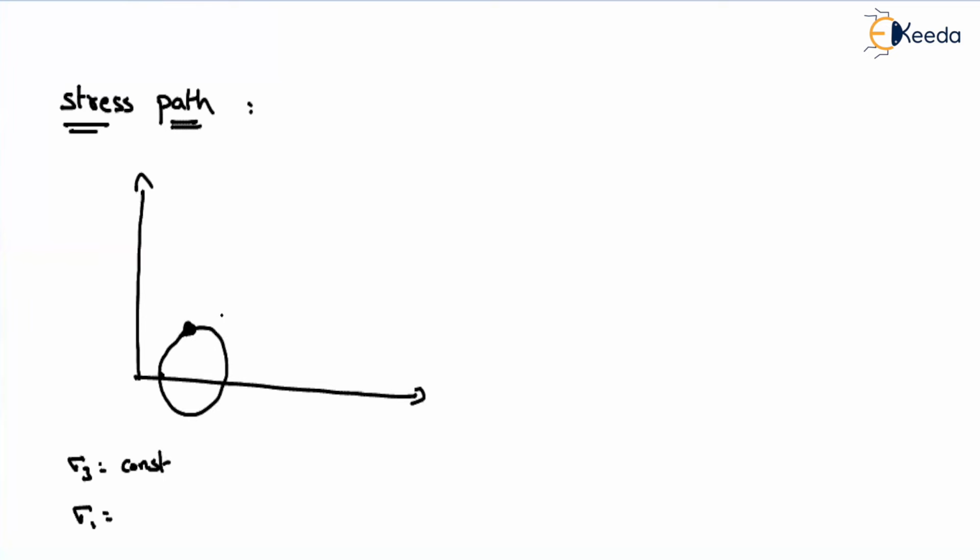If I keep sigma 3 constant and keep on increasing the major principal stress, then more circles will look like this.